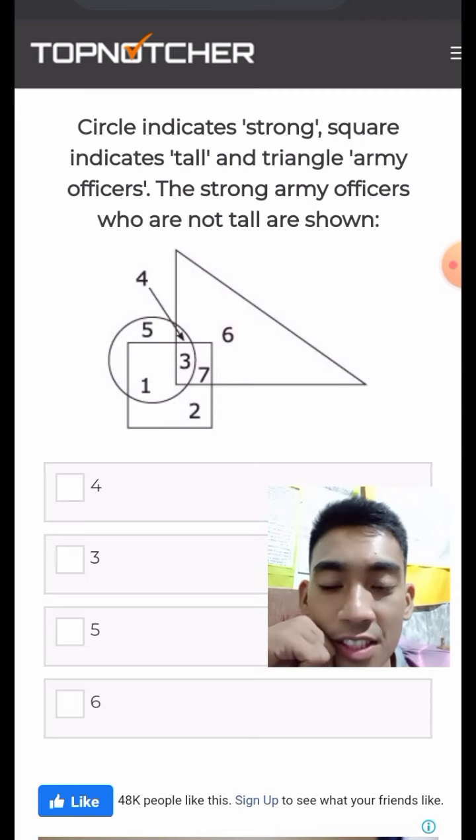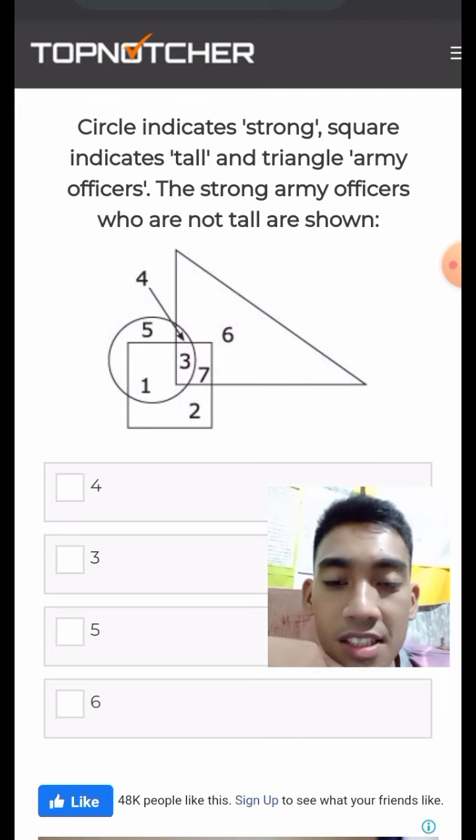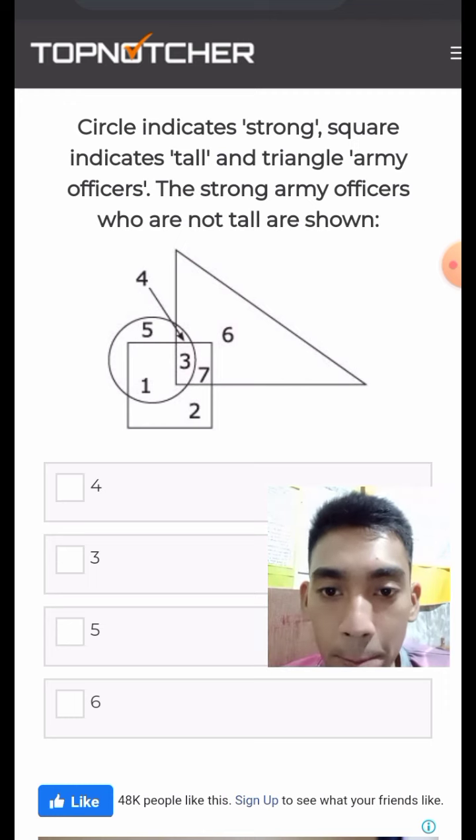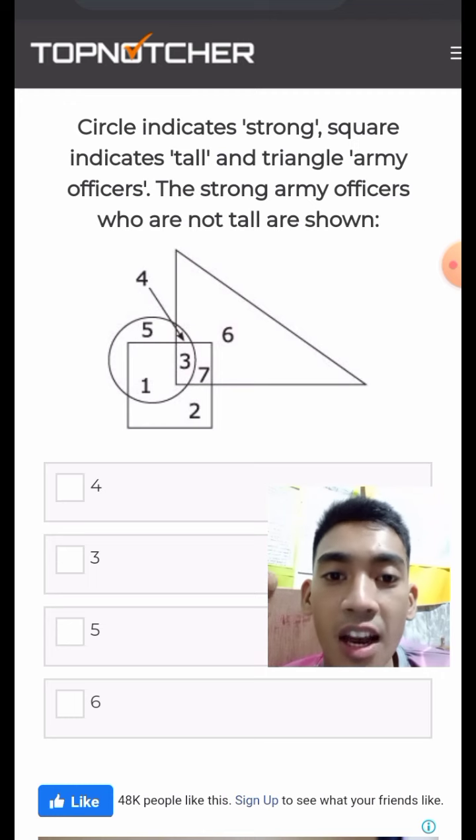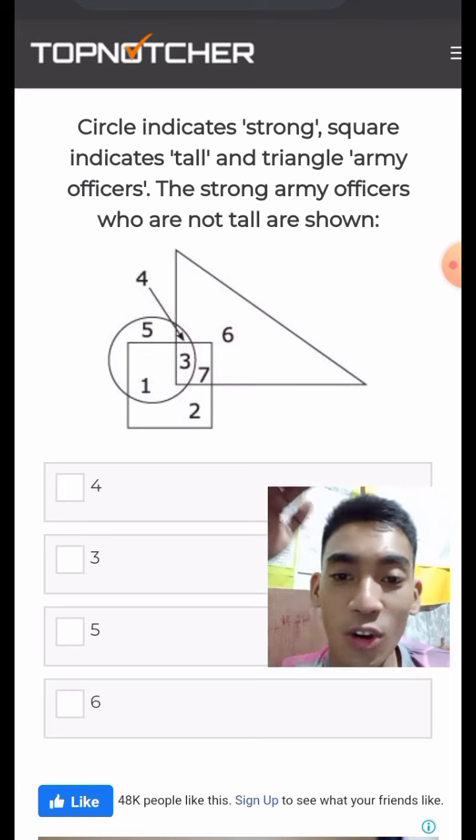Region 6 is the army officers, while number 4 portion indicates strong officers, not tall, because in 7 are army officers who are tall.